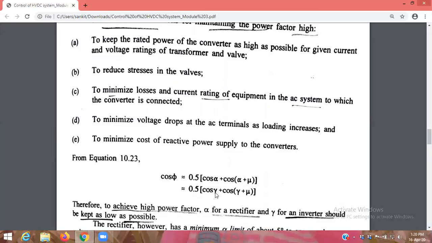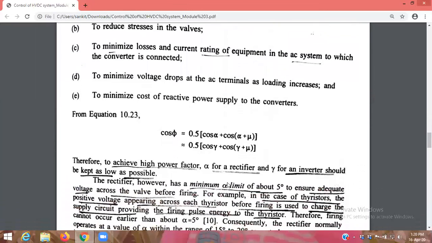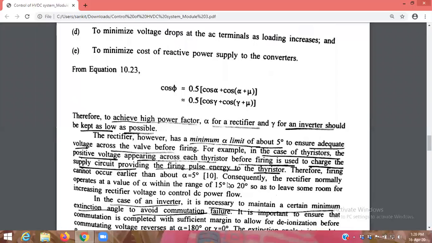Similarly, in the inverter case I need to maintain gamma less, such that this term is as large as possible. Therefore, to achieve high power factor, alpha for the rectifier and gamma for the inverter should be as low as possible, because if these are less, the cosine term will be more.